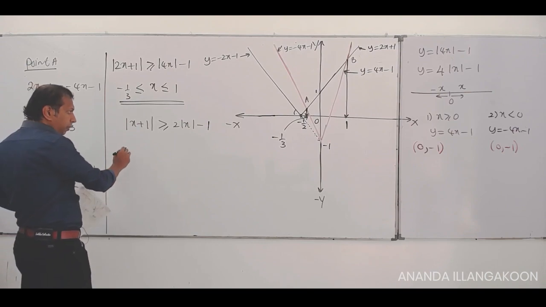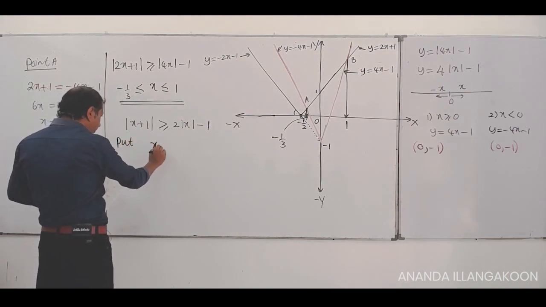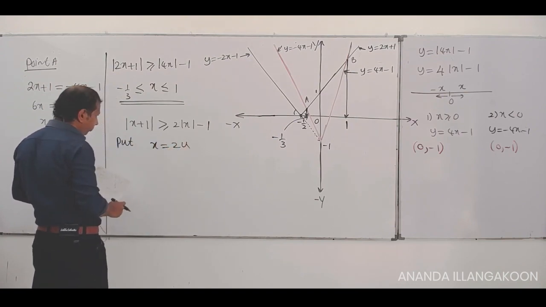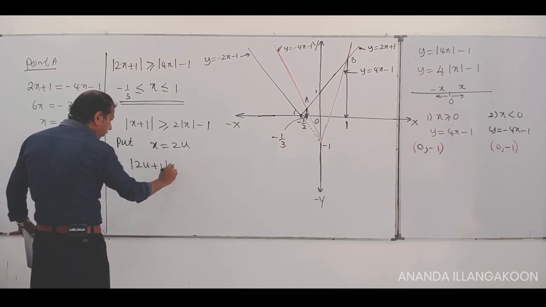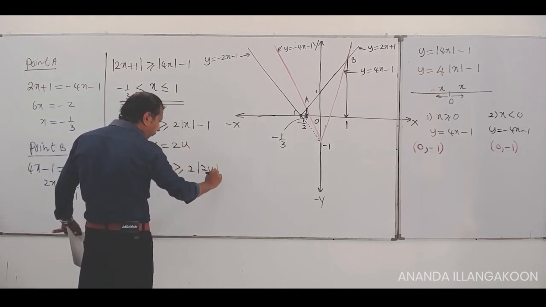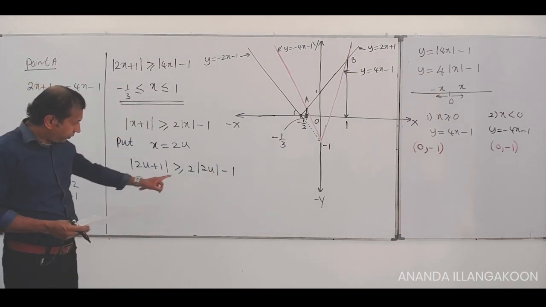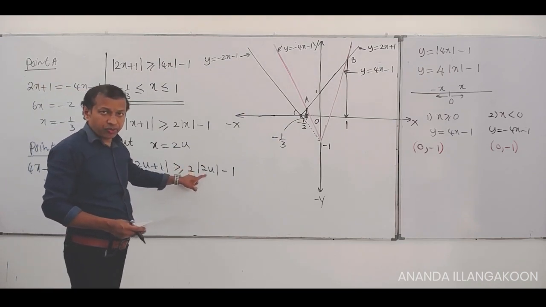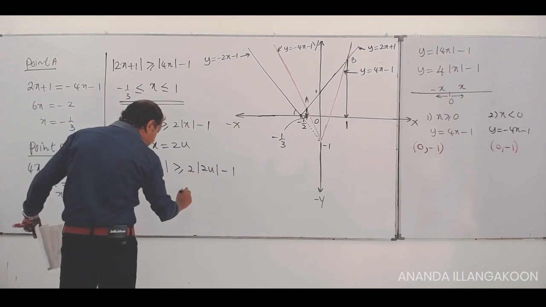Now I am going to put here a substitution x equals 2u. Then here we get 2u plus 1 mod greater than or equal to 2 times mod 2u minus 1. Now this 2 you can bring inside the modulus sign because the outside 2 is positive. Then 2 and 2 make 4.